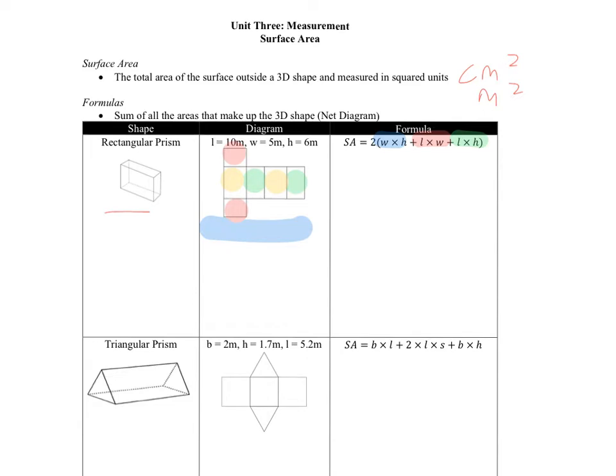So let's look at all the dimensions. We have length, this would be the length along here. We have the width and we have the height. Okay. So I've predetermined some dimensions here for you, and we're going to input them into the formula. So watch your BEDMAS. We'll go through that at the same time.